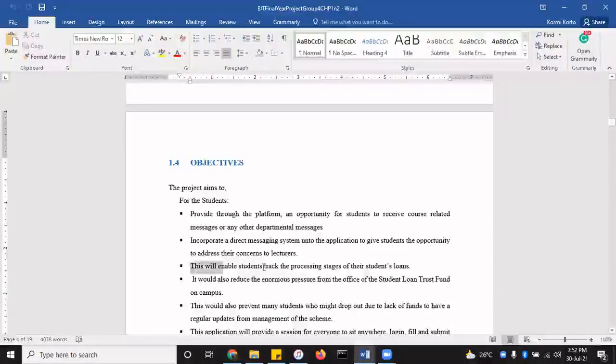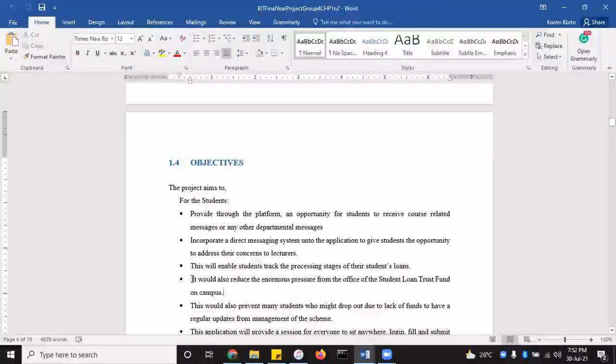This is not an actionable process. This is a benefit. This will enable students to track processes or processing stages of their student loans. That is not an objective. So this has got to go.